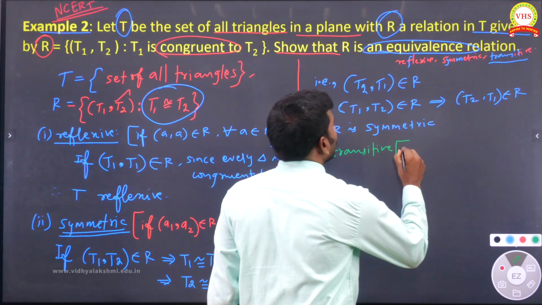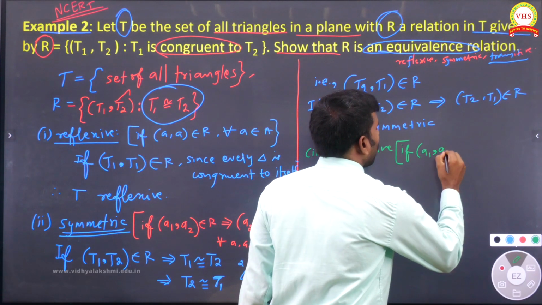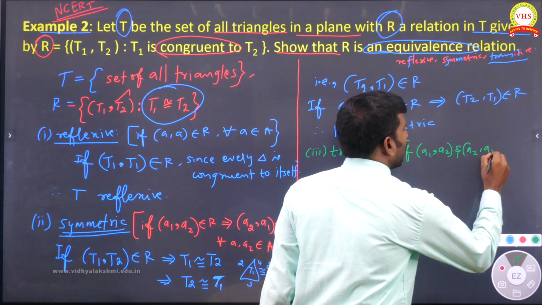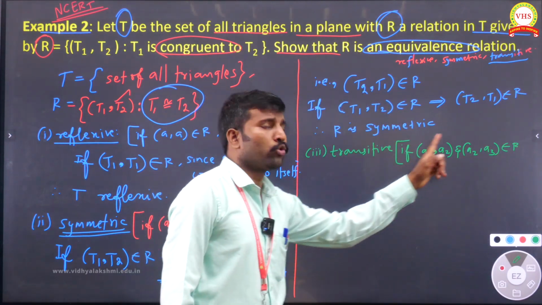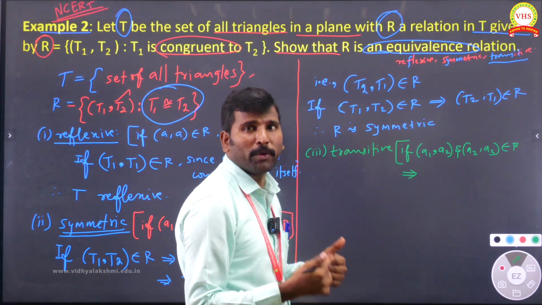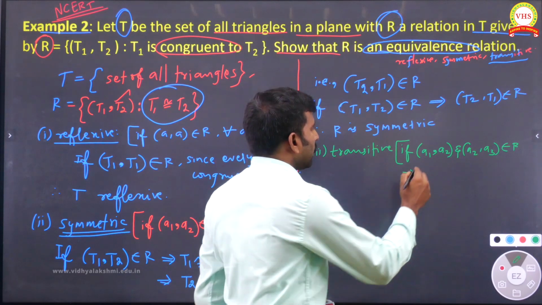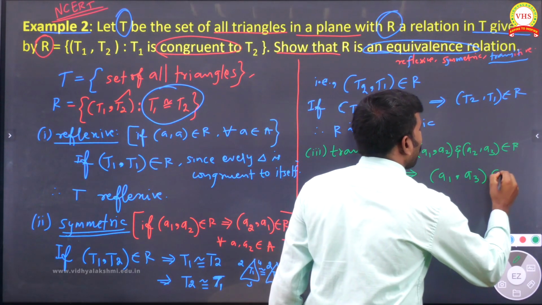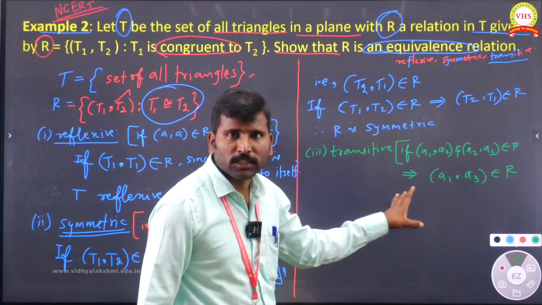Here, if we take two pairs, (A1, A2) and (A2, A3) should belong to R, then this implies the outcome should be, except the common element, the remaining pair (A1, A3) should belong to R. Then we can say it is called transitive.